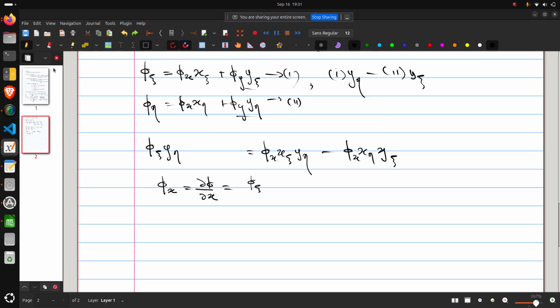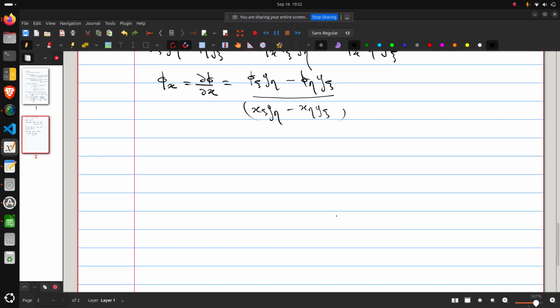So, okay. So we have an expression for dou phi dou x in terms of the natural coordinates, the coordinates described for that particular phase in mind.